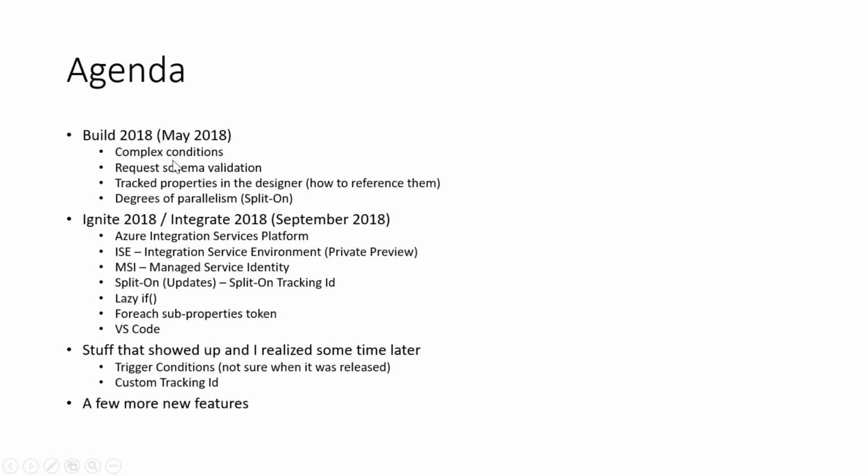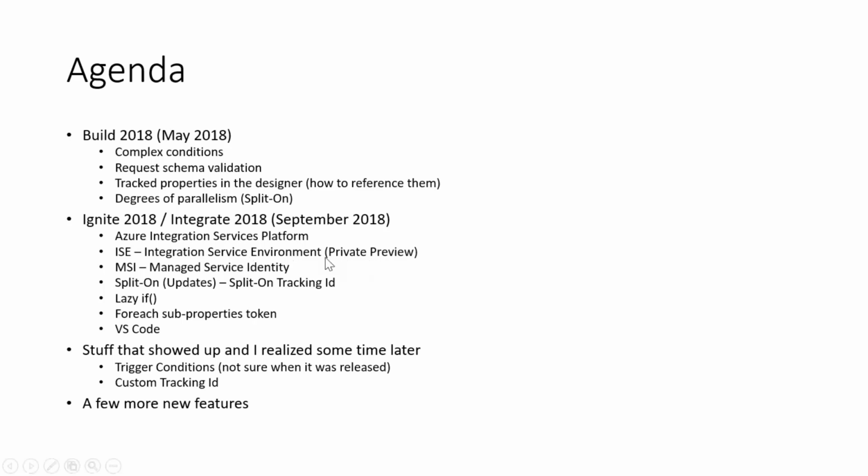Starting in this sequence, I'm gonna talk about how to work with complex conditions, how to work with schema validation for requests, how to work with tracked properties in the designer, and how to make a reference to them. There are 3 or 4 ways to work with those properties. How to work with split on, talking a little bit about the Azure Integration Services platform, and talking a little bit about the ISE environment.